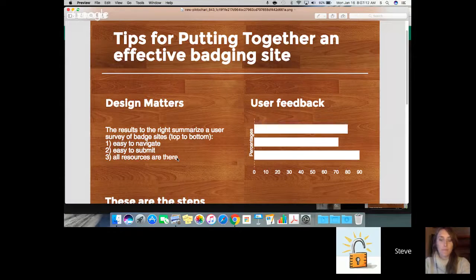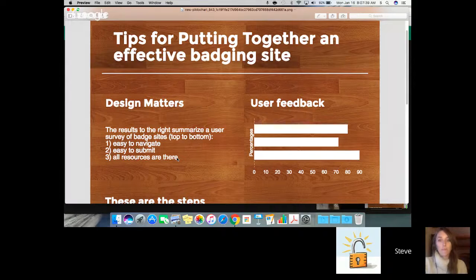When people linked off the website, let's say they were going to go watch a video or they had to go download a PDF, that was okay if it was only a short-term takeaway. When we asked people what they were looking for in a badging website, they typically wanted it to be a self-contained environment, or they wanted it to be, if anything, a pop-up window, but not a link away.